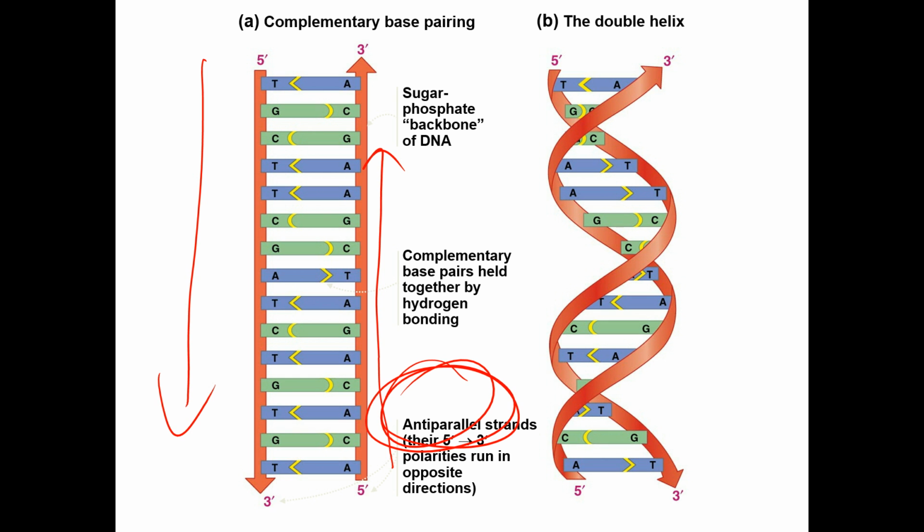You have complementary base pairing between the 2 polynucleotide strands. Adenine pairs with thymine, guanine pairs with cytosine. And then the molecule of DNA gets a right-handed twist, and so you get this helical structure.